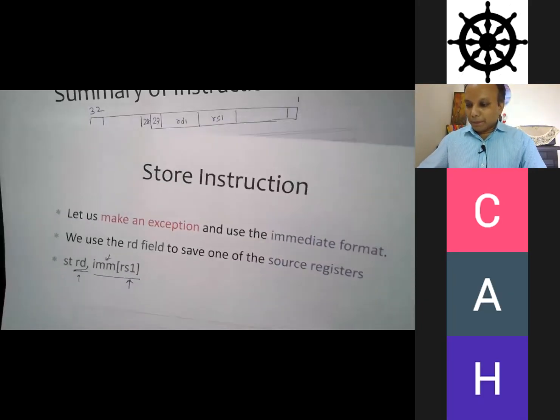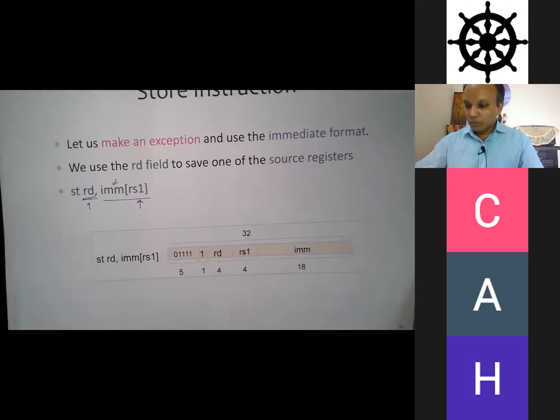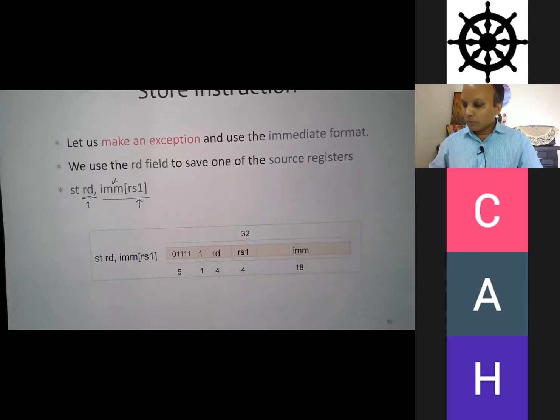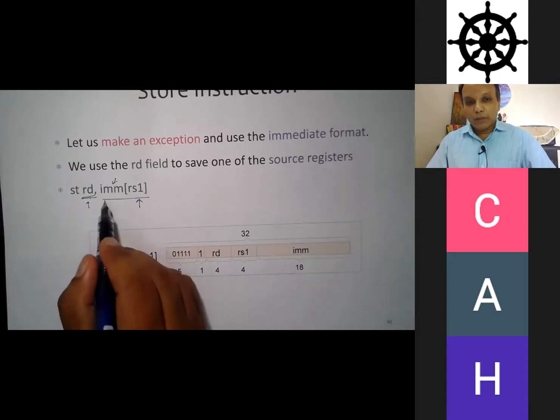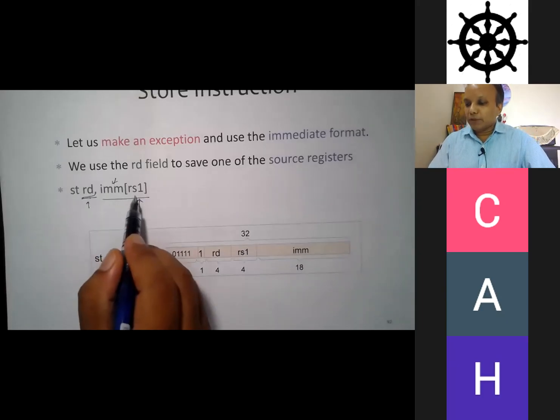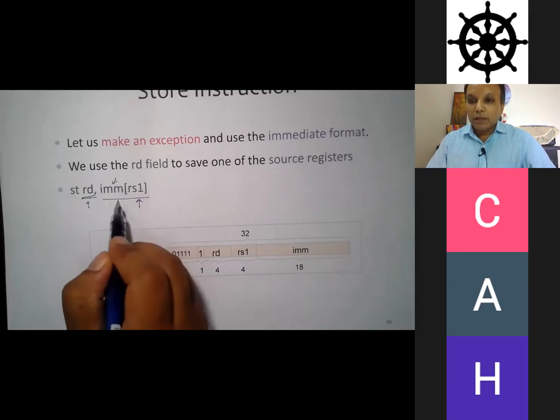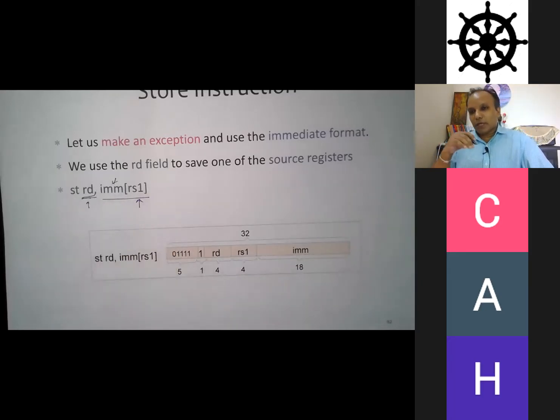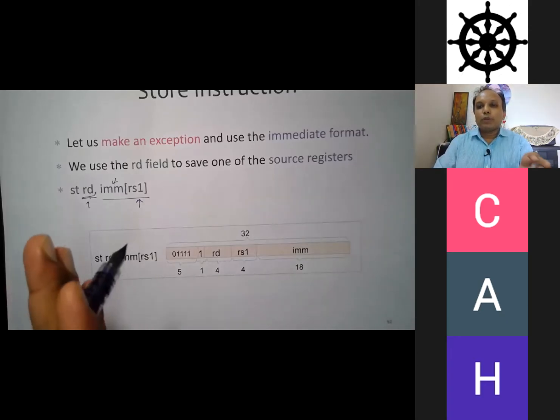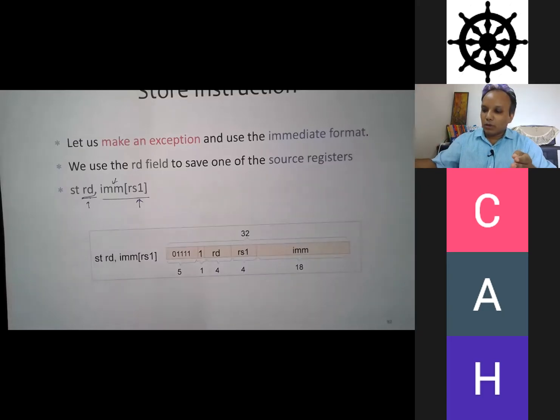Sir, in the store instruction, why are we storing the immediate value? Because the addressing in store can be of this format, where basically we have this base offset addressing mode. So the immediate indicates the offset. You remember, in several discussions, we said that generally if you are accessing an array, you want to access multiple entries of that array.